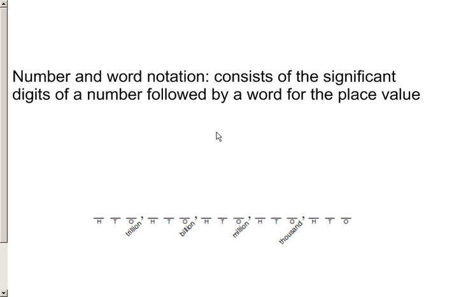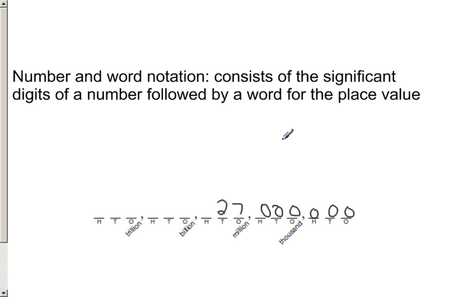So, number and word. We're going to take a number that's in standard notation and convert it to number and word. So if I had the number, I'm going to write it right here. If I had this number in standard notation and I wanted to convert it to number and word notation, first of all, it depends on my largest period because the 2 and the 7 are in the millions period.